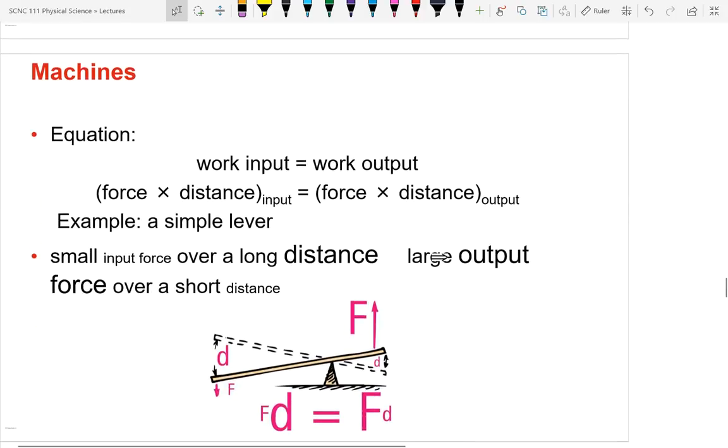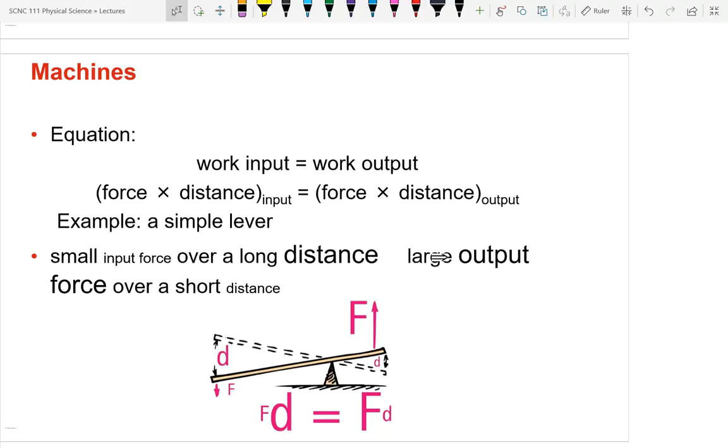So our first one here is just a lever. So how do you make a lever? You take a stick, and you put that stick on a fulcrum. So this here is my fulcrum. Now, it's not a great fulcrum. So it's on a fulcrum.